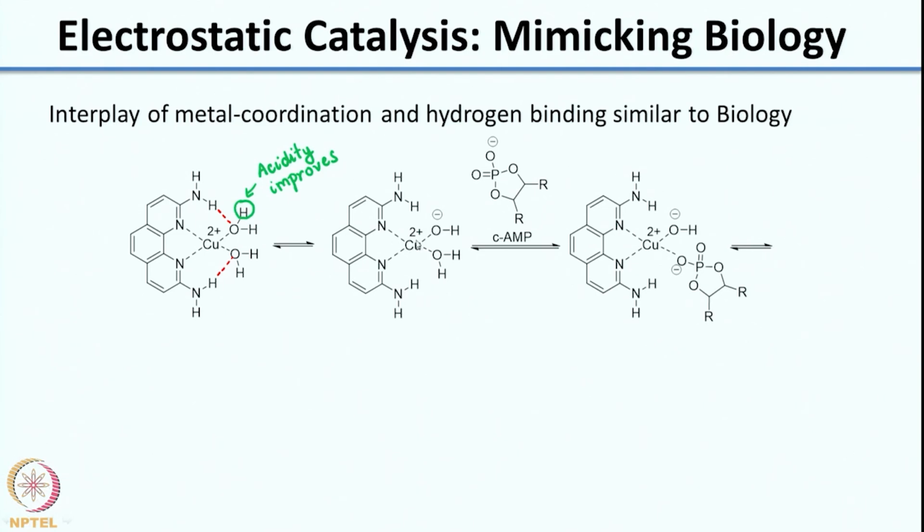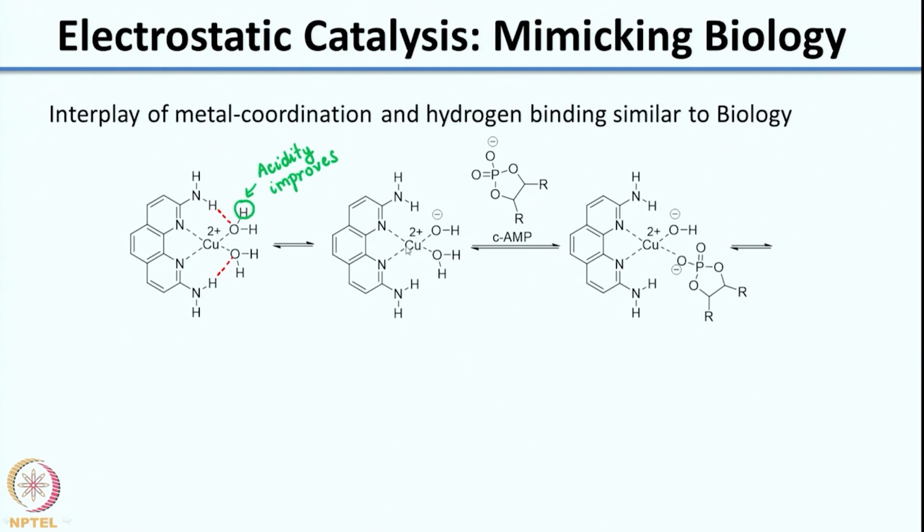So now let us look at the actual reactant and what is the reaction that is being catalyzed. The reactant here is called cAMP, and this is a cyclic compound. This is called cyclic adenosine monophosphate, alright. Now what you see is, when you add your reactant, it binds to the copper 2+.